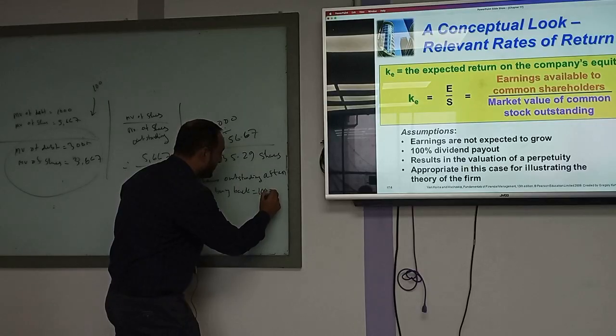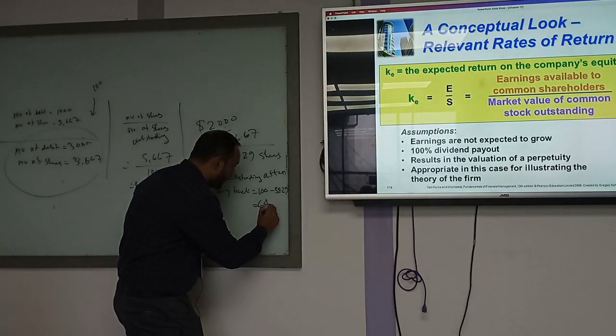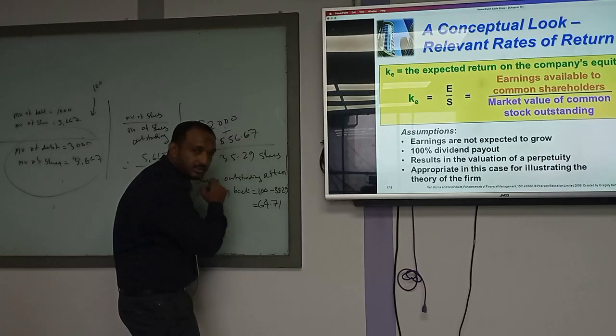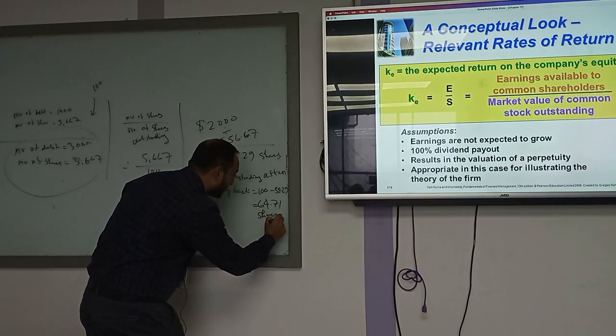So 100 minus 35.29 কতগুলো শেয়ার আছে? 64.71 শেয়ারস আমার আউটস্ট্যান্ডিং আছে.